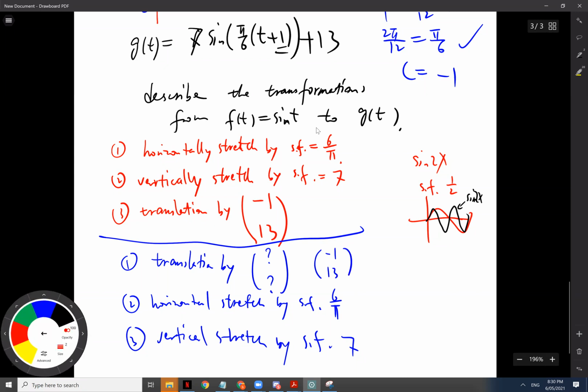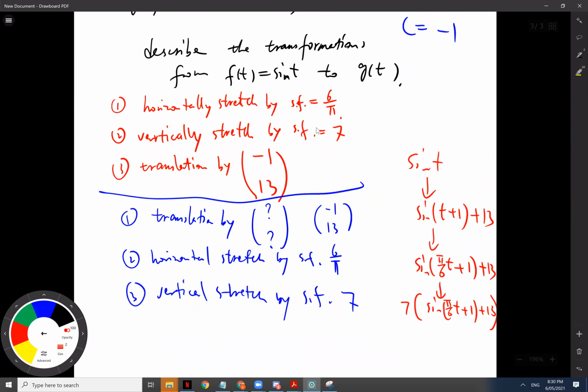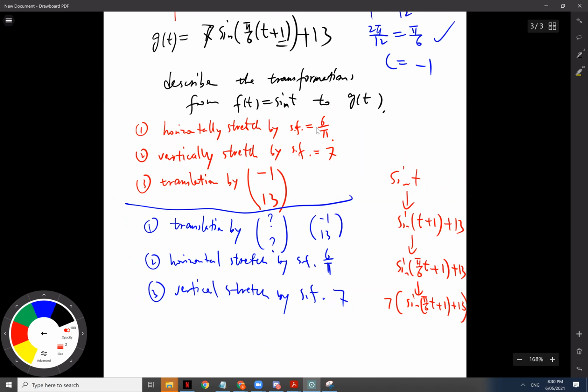The first step, sine t got changed to sine(t plus 1) plus 13, right? Next step, change to sine(pi over 6 t plus 1). Next step, 7 times sine(pi over 6 (t plus 1)) plus 13, which means, is that the same as the previous one? Same?